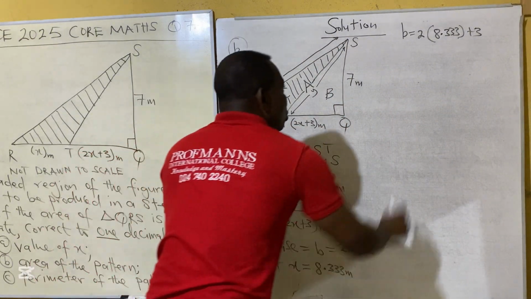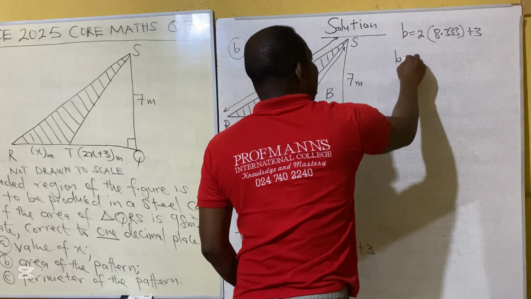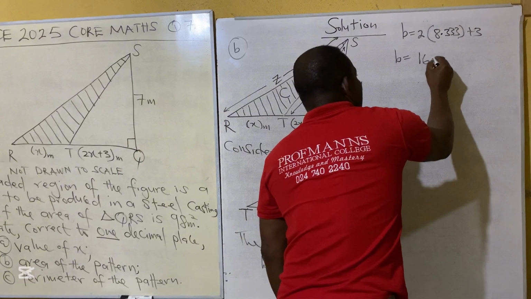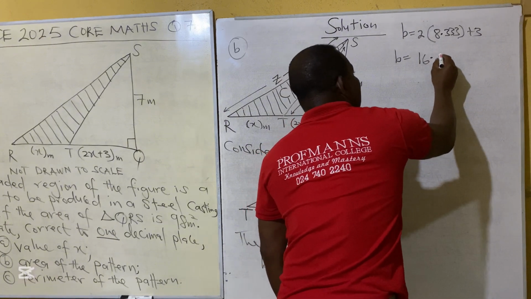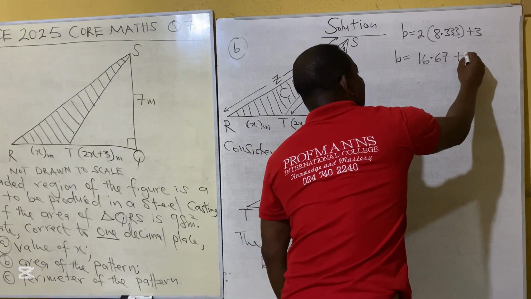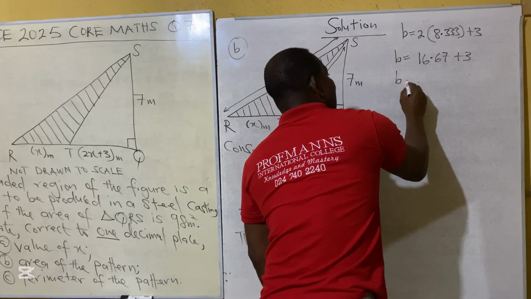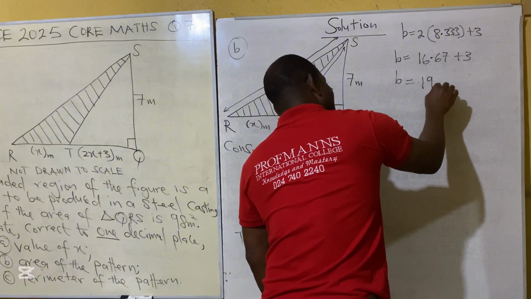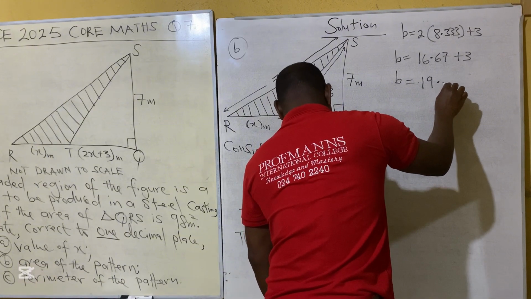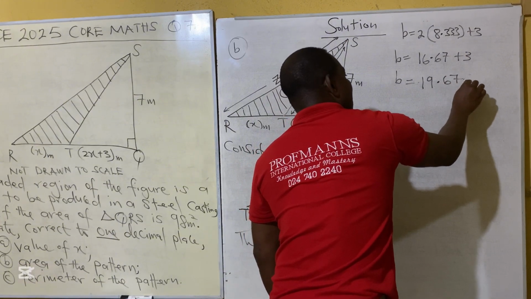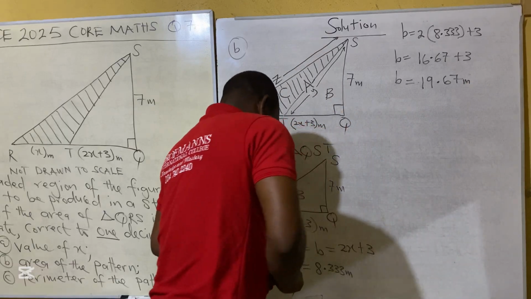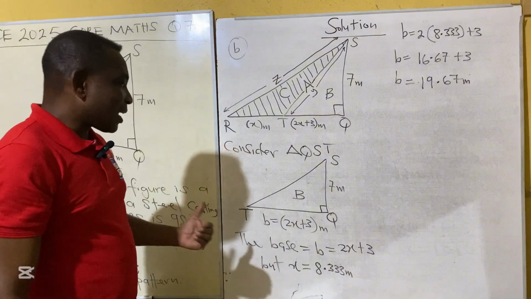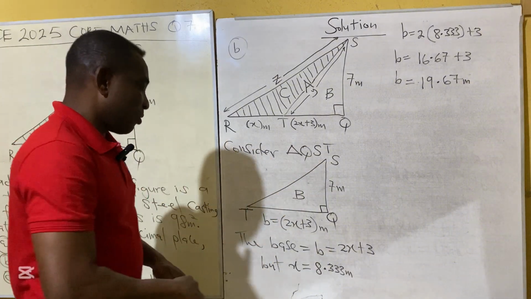When we multiply 2 by this, we get 16.67 plus 3. So the base b is equal to 19.67 meters.